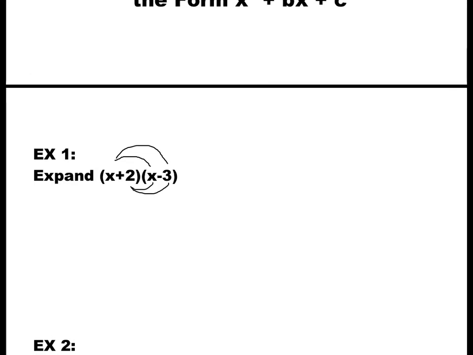What I'm going to get is x² minus 3x plus 2x minus 6. x² is by itself, no like term. Negative 3x plus 2x gives me negative x, and then negative 6. So this is the first product.